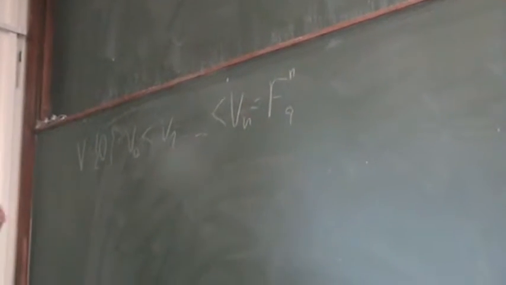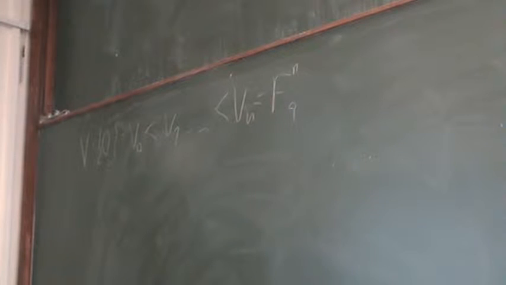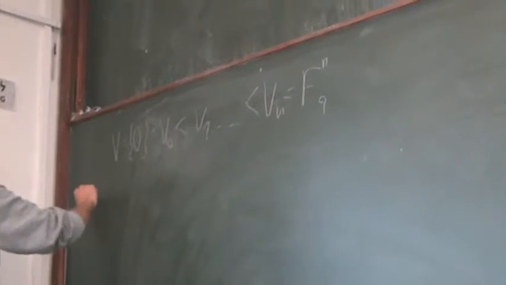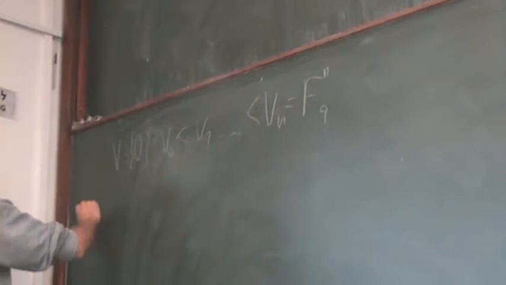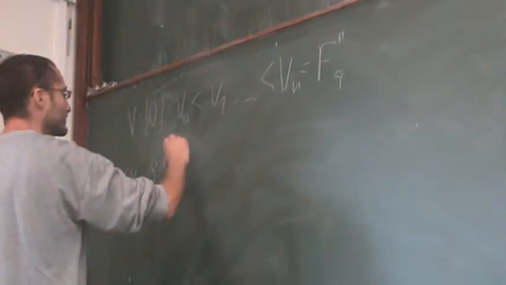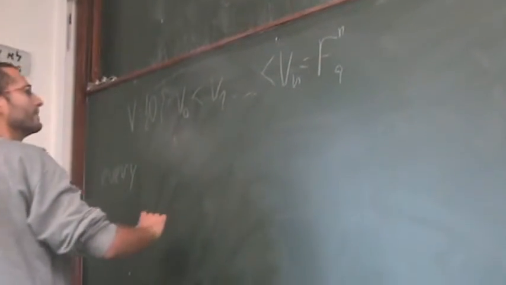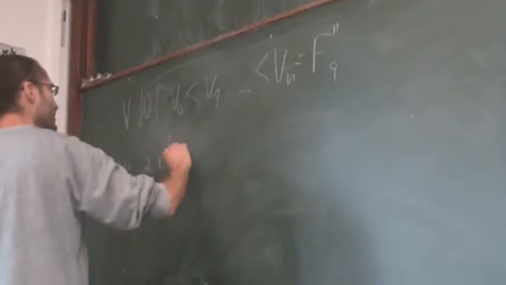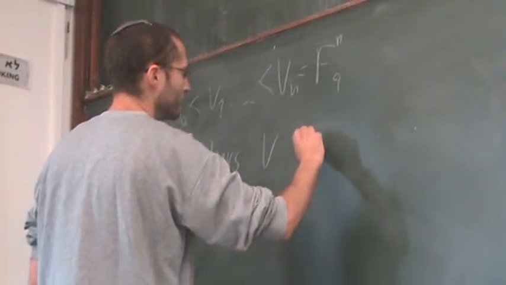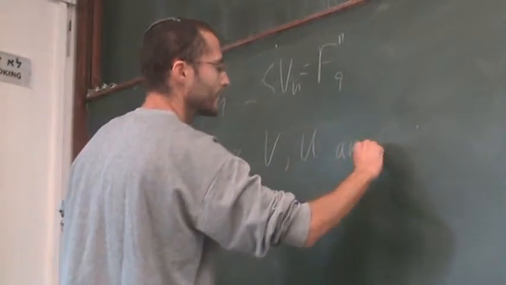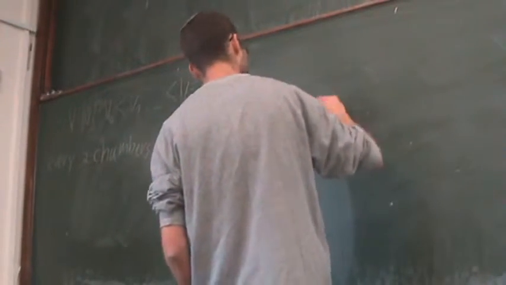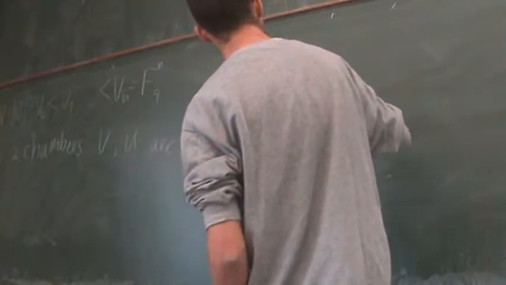Okay. And then what we want to prove is that, well, Alex just reminded us, but I'll say again that every two chambers, V and U, are connected by a gallery.